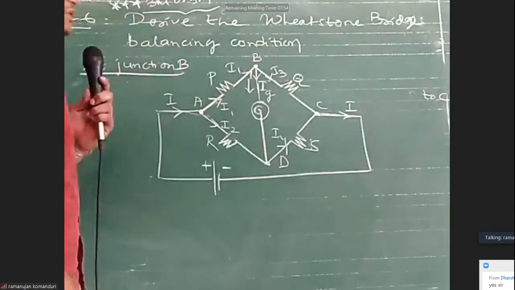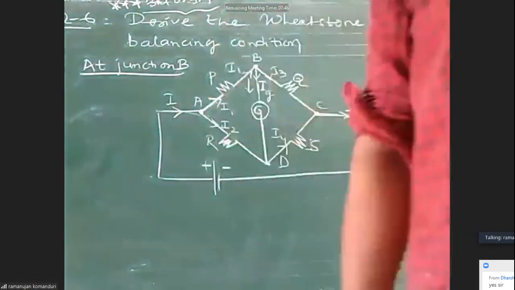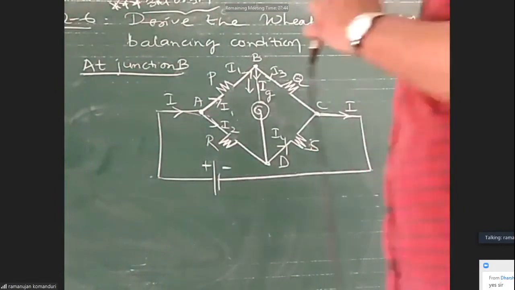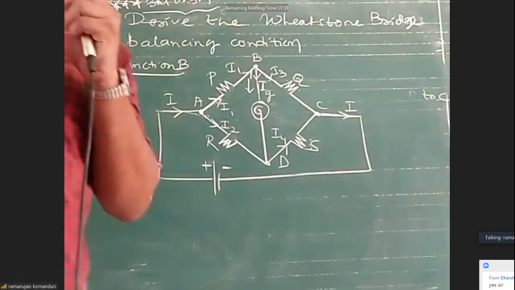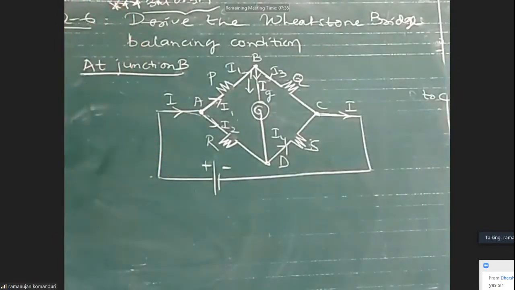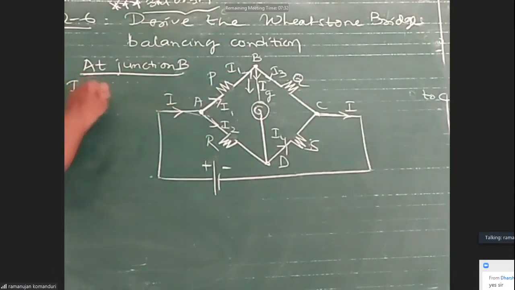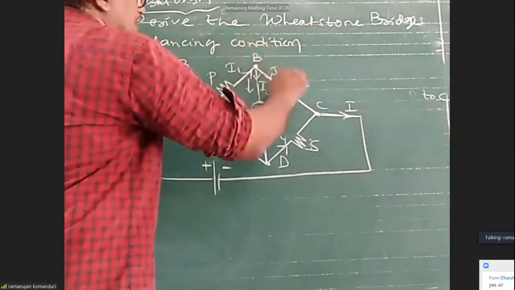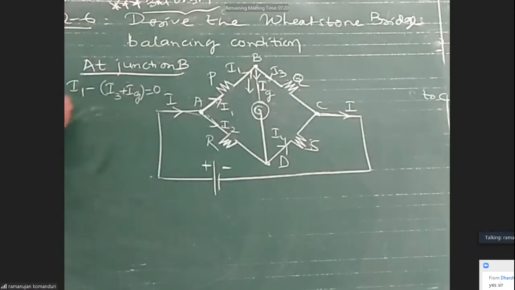So, in Kirchhoff's first rule, we have written that the current towards the junction should be taken as a positive value and the currents leaving the junction should be negative, so that when you add the total values, it is equal to 0. So at junction B, I1 should be taken as positive and I3 and Ig should be taken as negative because they are leaving the junction.